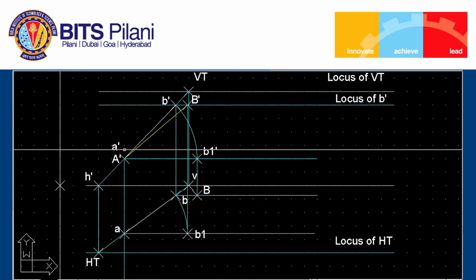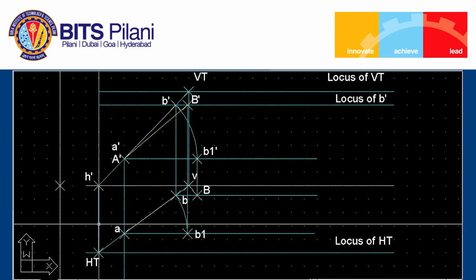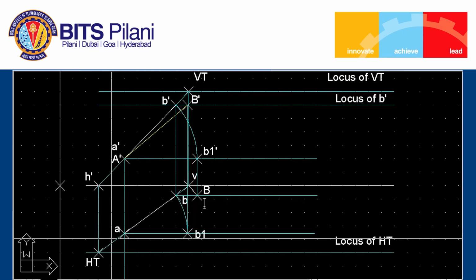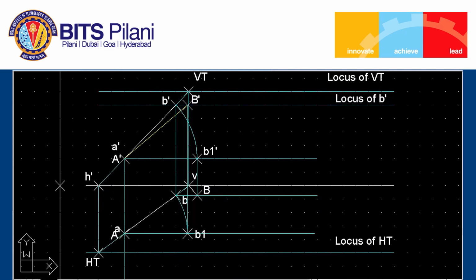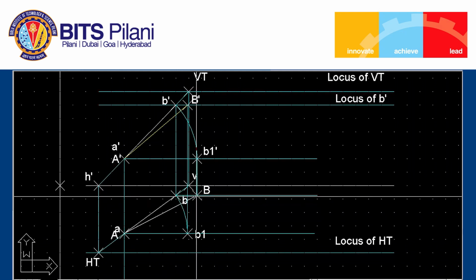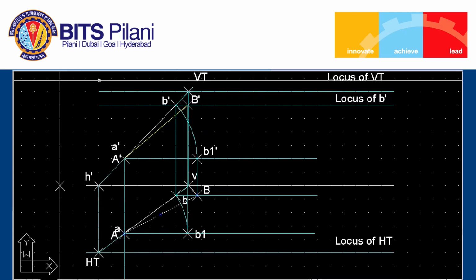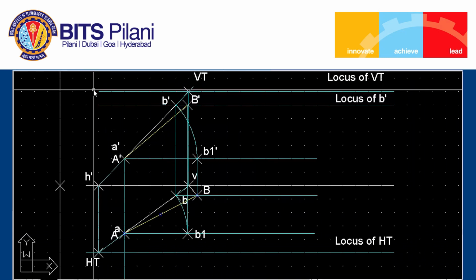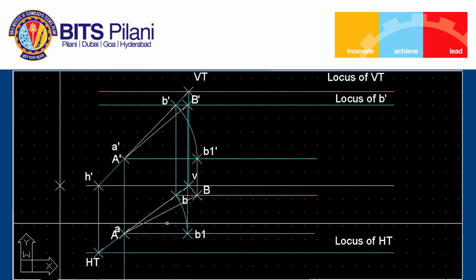Join capital A, capital B. Capital A will be here. It will be shown with the yellow color. And the inclination also we can find out.